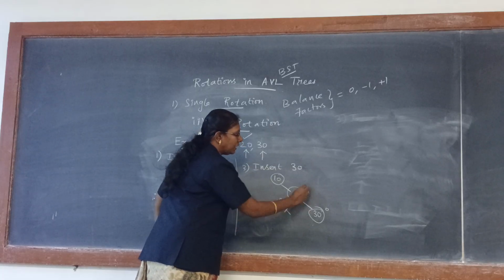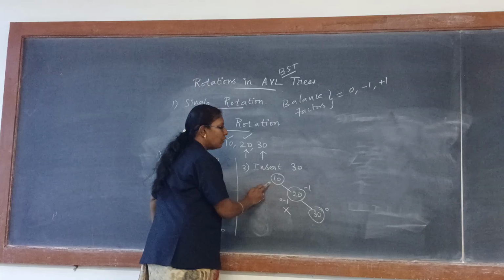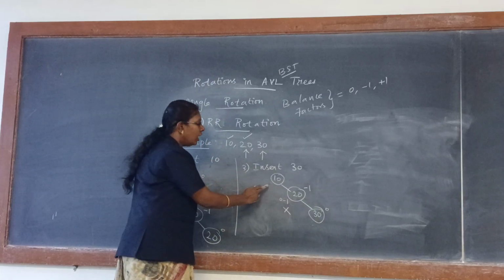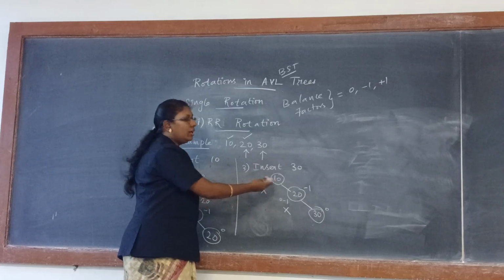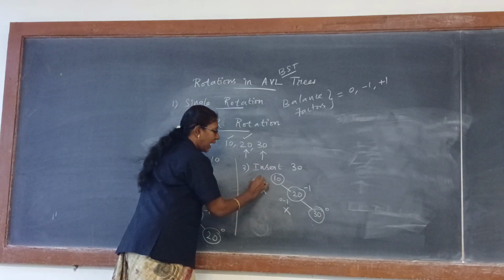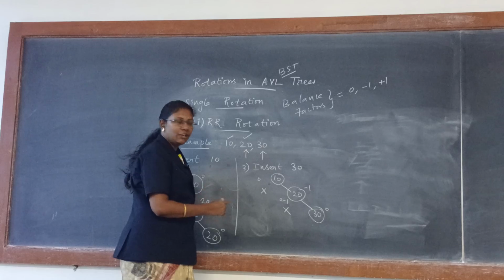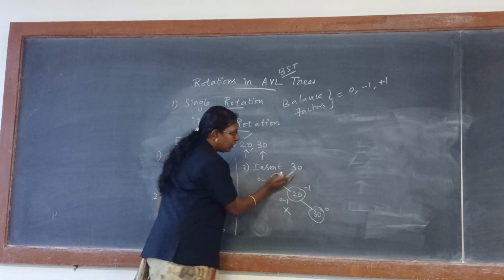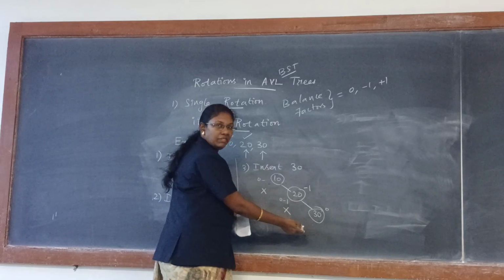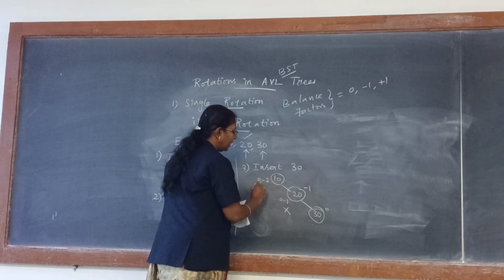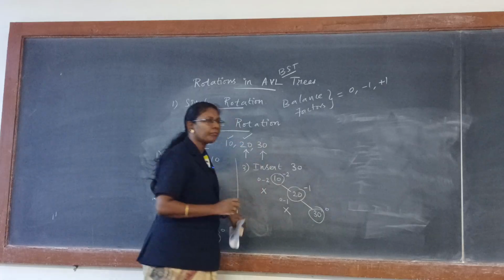So 0 minus 1 is minus 1. Now calculate the balance factor for the root node. As there is no left subtree for this root node, the height of the left subtree is 0, minus the height of the right subtree, which is 2, because two levels are there. So 0 minus 2 is minus 2.